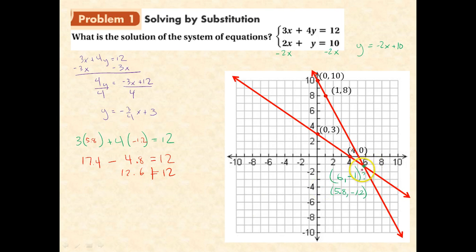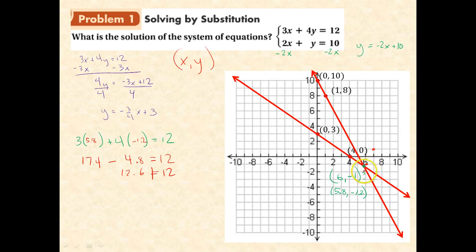So what we get from this is that graphing isn't always the best. It only helps if a solution is right on intersection points, right? So if it's a little bit off of an integer, if the xy solution isn't going to be integers, then graphing isn't very easy for that.